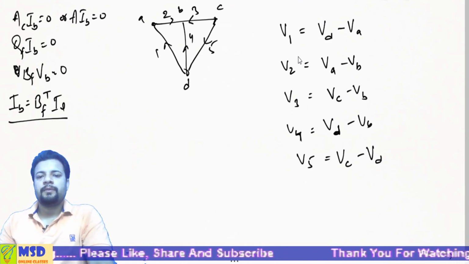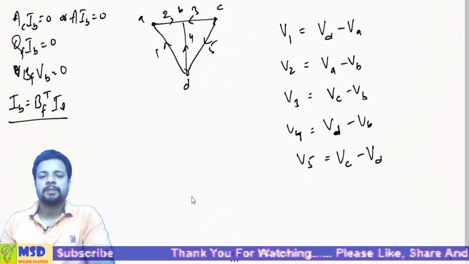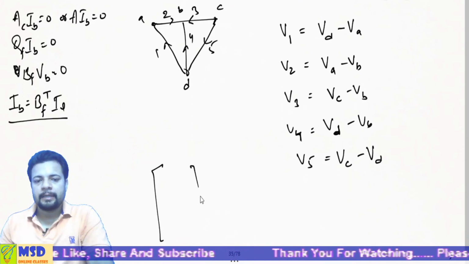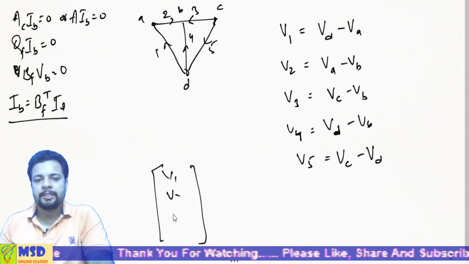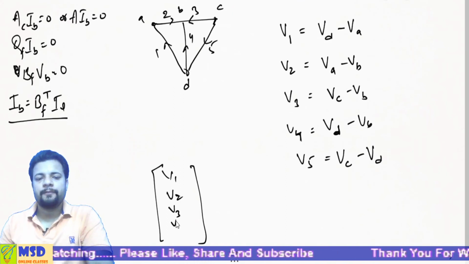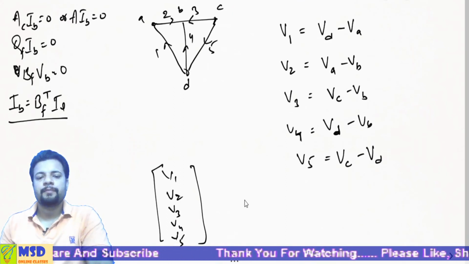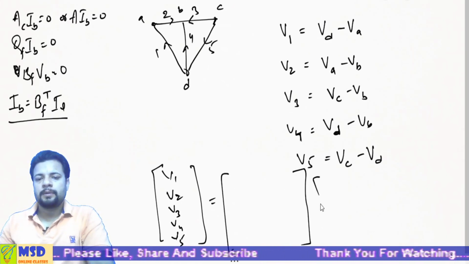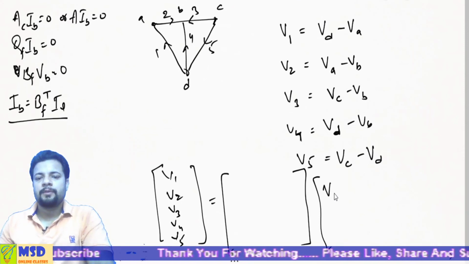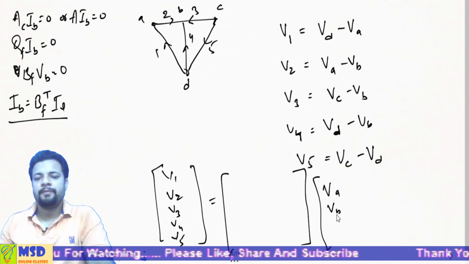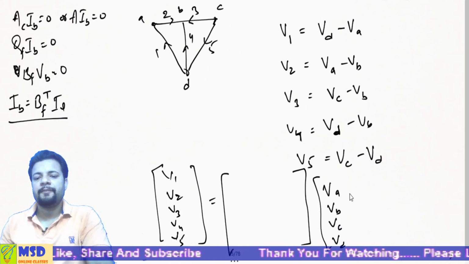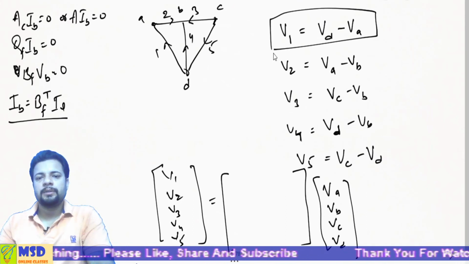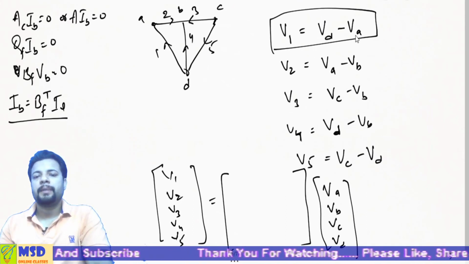Now, if I want to write these equations in matrix form, I can write them like this: V1, V2, V3, V4, V5 equals something multiplied with these four nodes VA, VB, VC and VD. Seeing the first equation, V1 is VD minus VA.